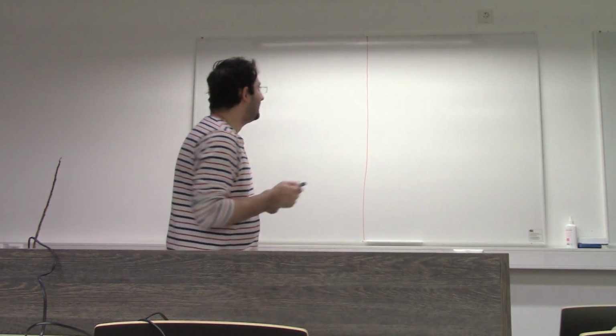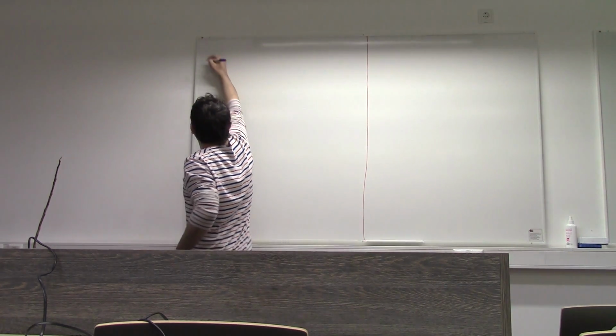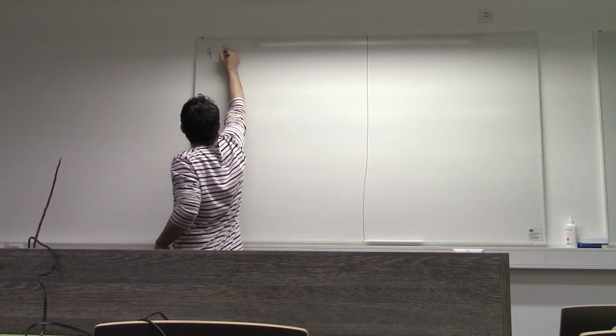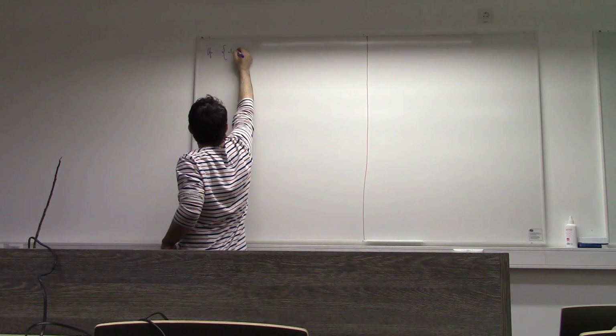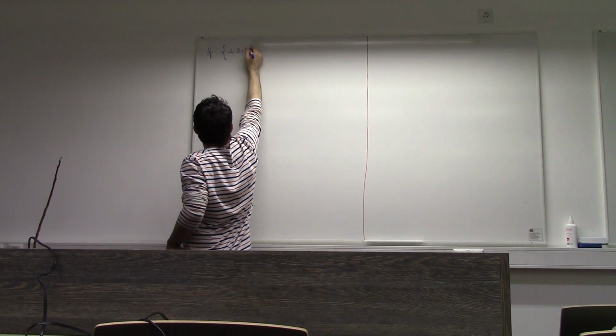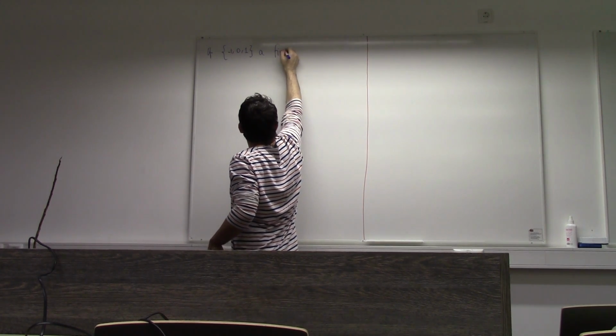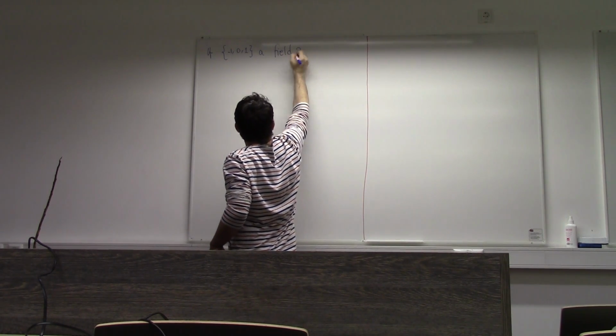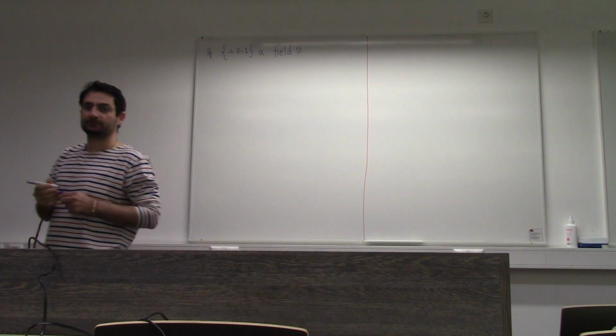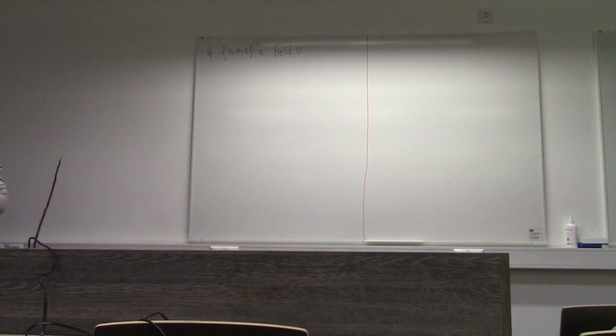Now, tell me if this is a field. No. Why? Because we can't find the multiplicative inverse of numbers.